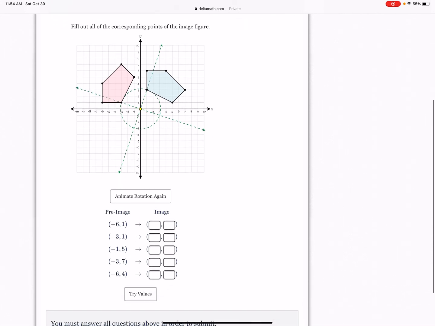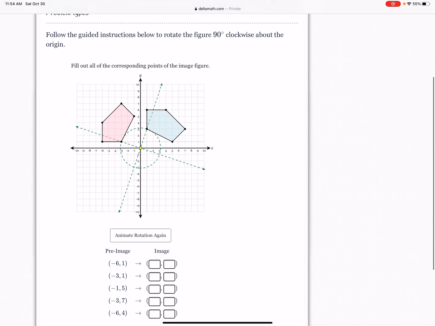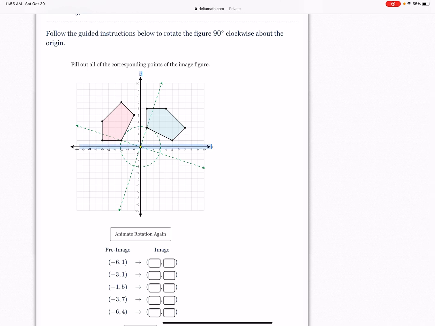Now let's experiment with how this 90-degree clockwise rotation affects the pre-image coordinates. So what do you see? -6 and 1. It was this point, -6 and 1. So 6, 1 is here and 6 is here. What happened for this point is the y has become 6: the x of -6 has become the y and changes side. So that's +6.